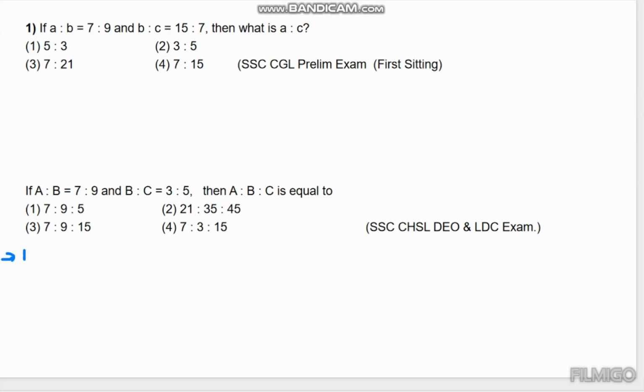In the second question, A is to B equal to 7 is to 9, B is to C equal to 3 is to 5.